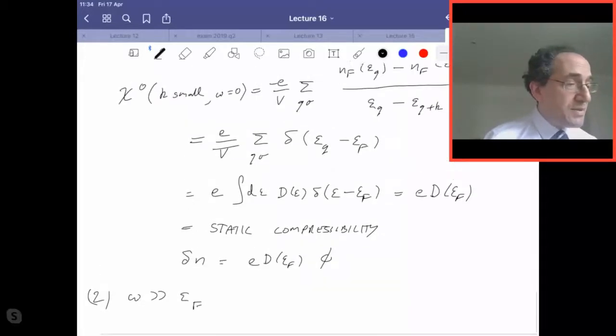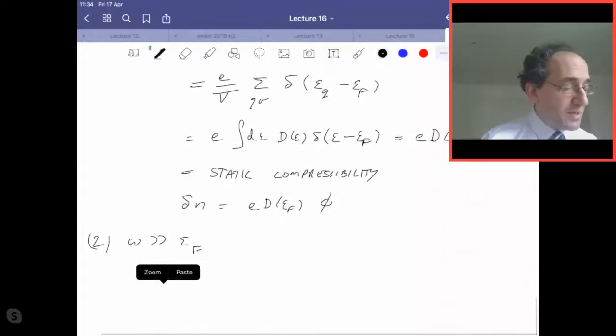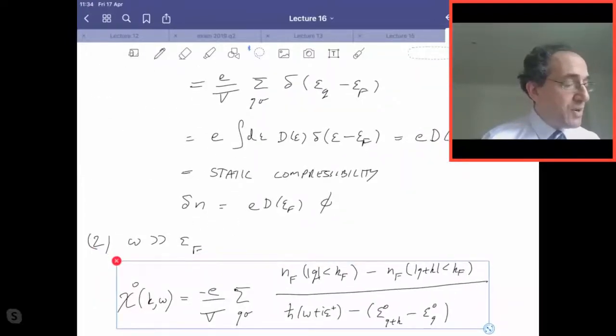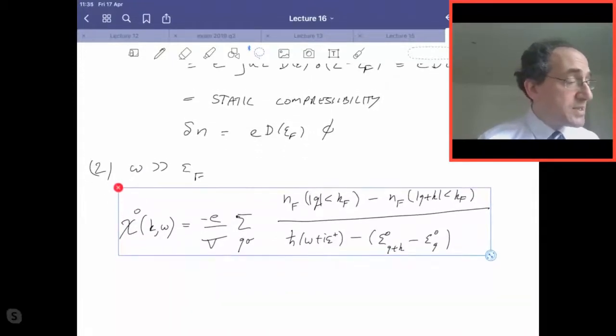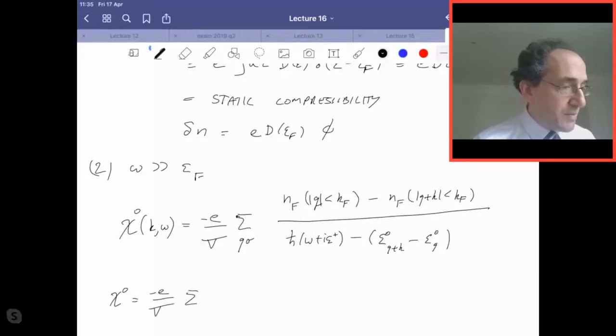So the first way is to plug it into our favorite equation. Let's see if it will still let me write that equation. Paste. Oh, beautiful. Okay, so we're going to just take that limit and plug it into this equation here. We want to treat omega as being a large parameter, so we'll expand the denominator out. Chi naught is minus e over volume, sum over q, omega, we still have the n_F of epsilon_q minus n_F of epsilon_{k+q}, divided by h bar omega, that's the leading term.